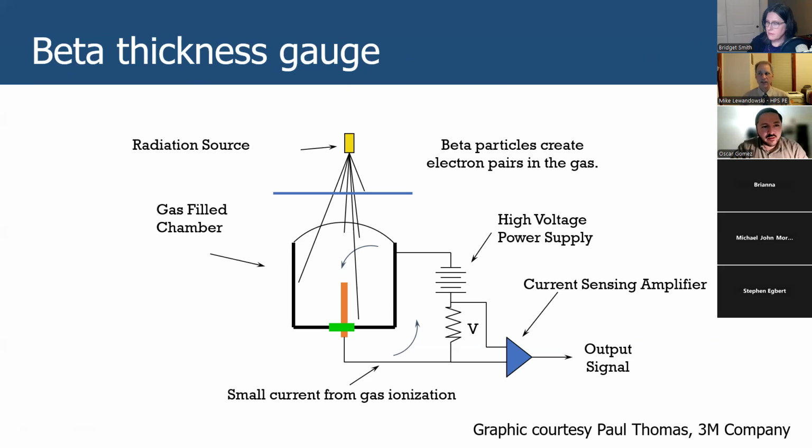We end up getting either a current measurement or a pulse measurement, which gives us a measurement of the amount of beta particles being transmitted through the material. So the larger the signal, the less attenuation is occurring.